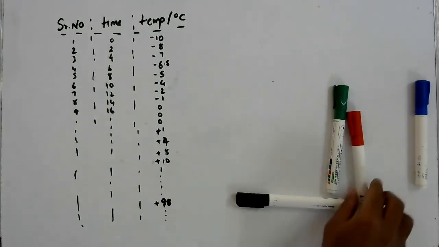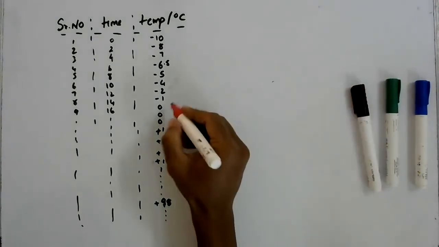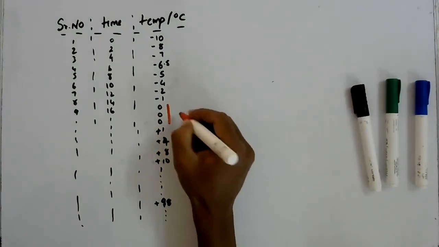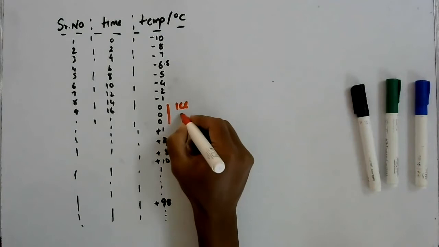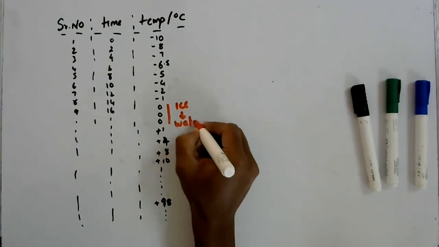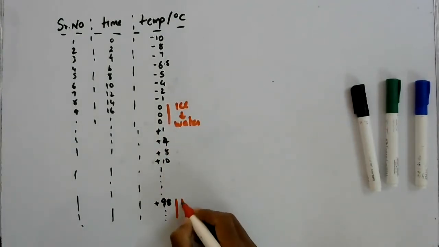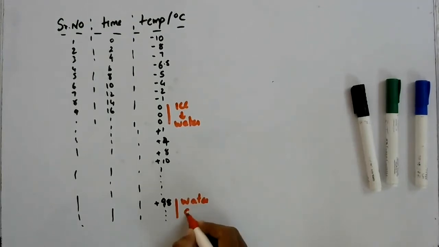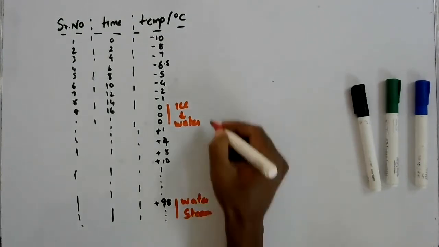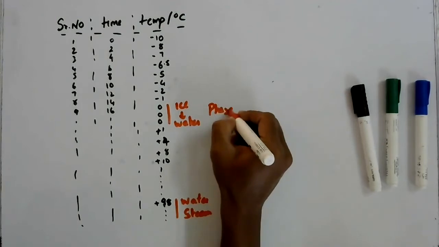So the phase change in this situation is taking place over here. So here the ice turns to water, and over here when the water turns to steam. So these are the places where there is a phase change.